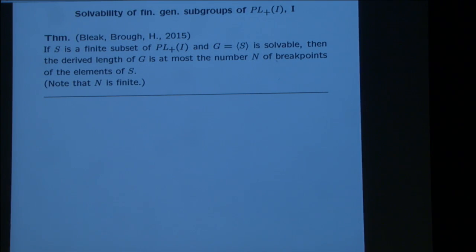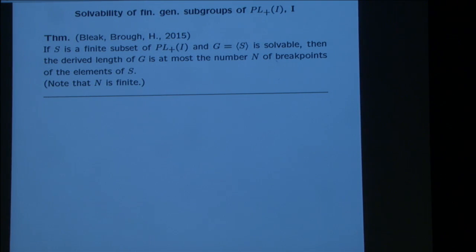Okay, so 9 breakpoints. So if this is going to be solvable, it has to be the case that any time I find a sequence of subgroups, starting from the identity and going up to Thompson's group F, where each of the quotients is abelian, I've got to be able to do it in 9 steps.